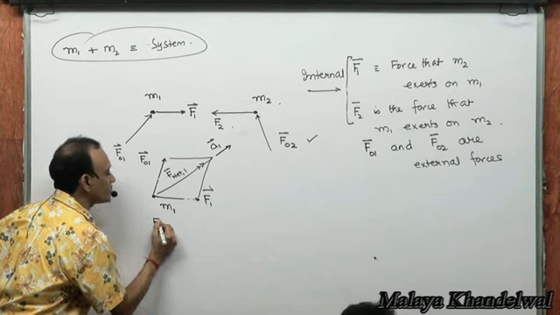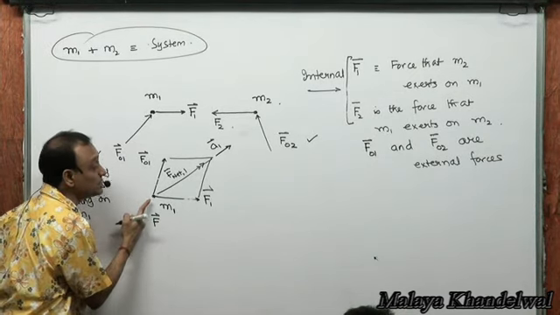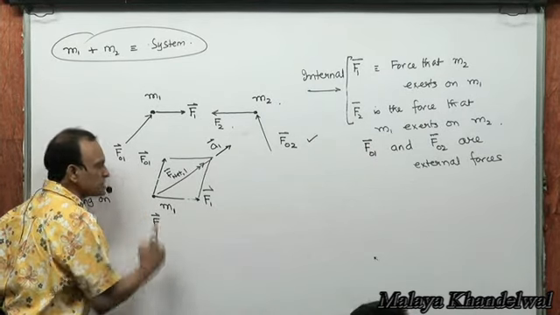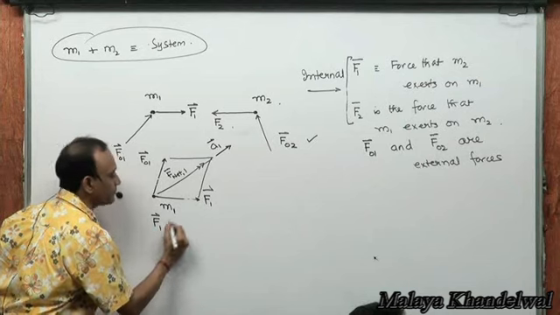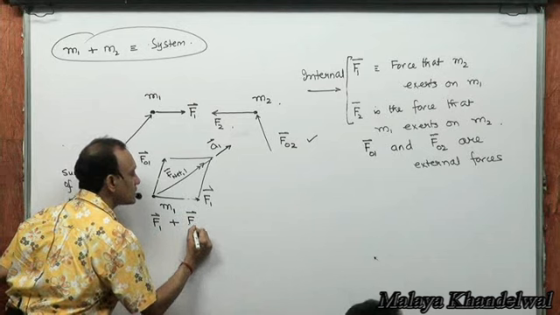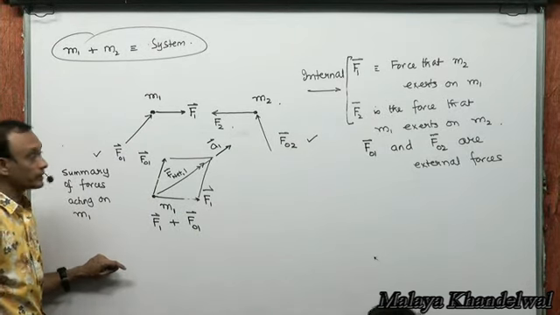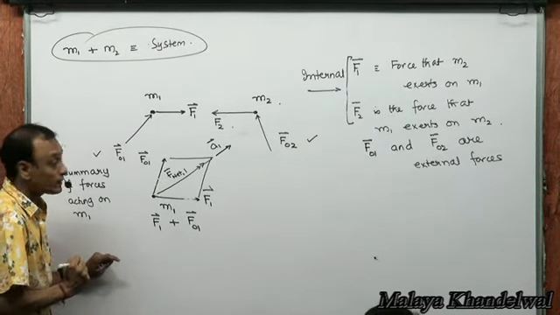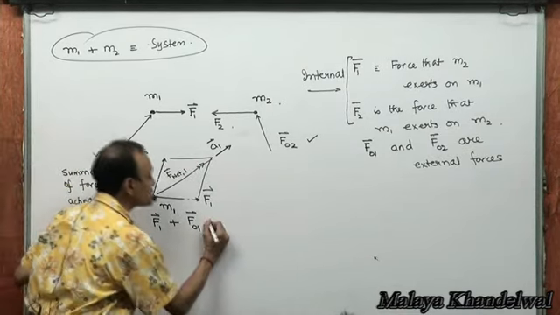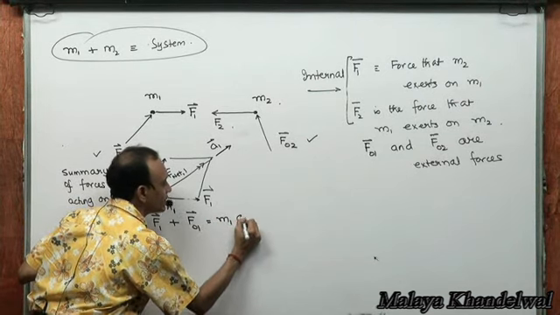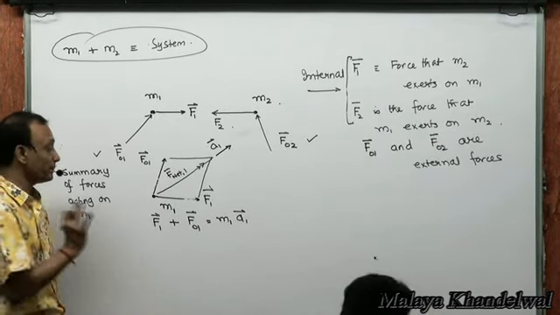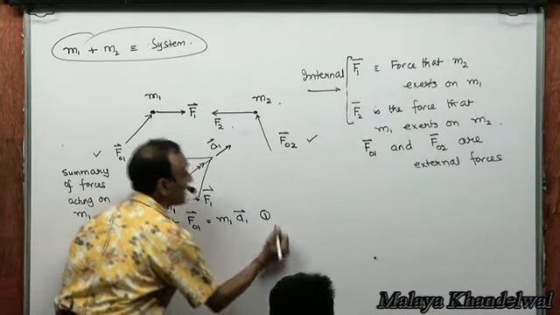Now I am applying Newton's second law to M1. What is the total force acting on M1? F1 plus F01. That's the net force acting on M1, and that is the cause. What's the effect of this cause? That causes on M1 an acceleration A1. So that's the equation of motion written for M1 alone.